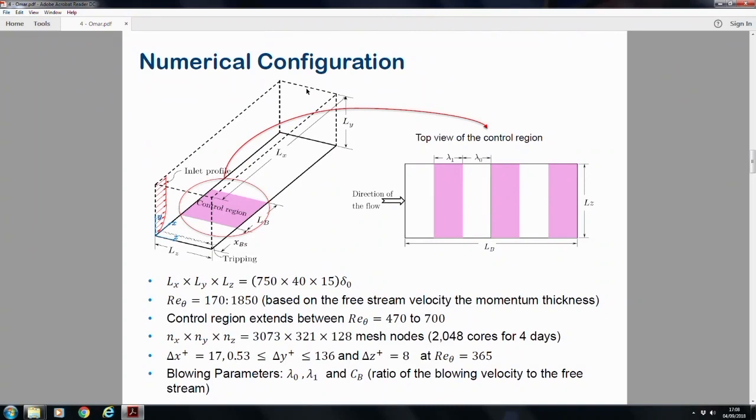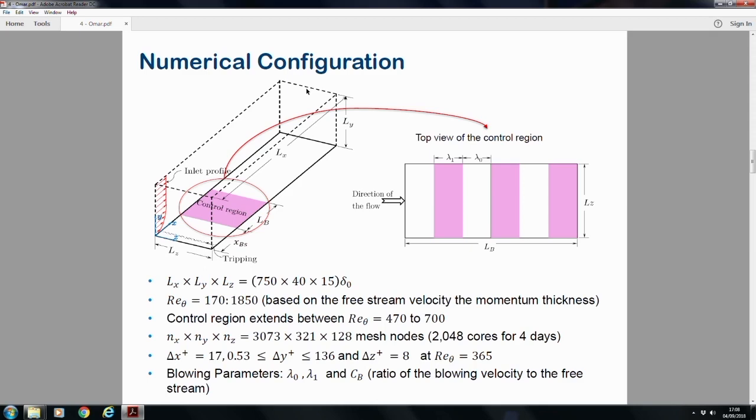We're doing DNS simulation on this domain, and we have a laminar profile at the inlet with tripping at the beginning of the domain. At the outlet, we solve a 1D convection equation, and the Reynolds number at the inlet can reach up to 1800 based on the freestream velocity and the momentum thickness. This is the control region where we apply the blowing.